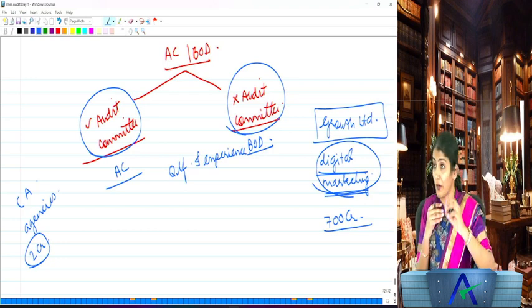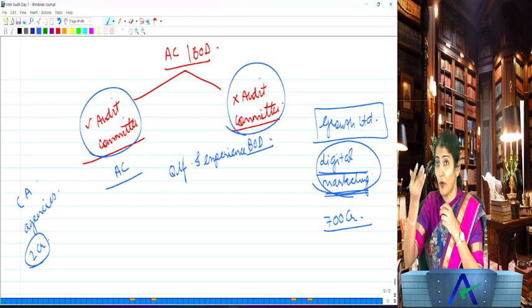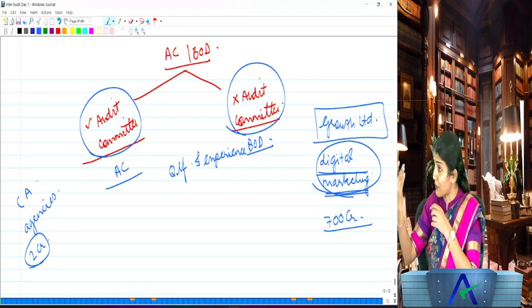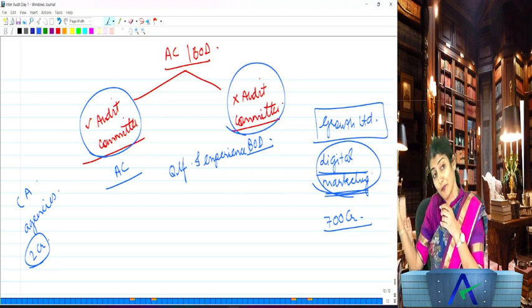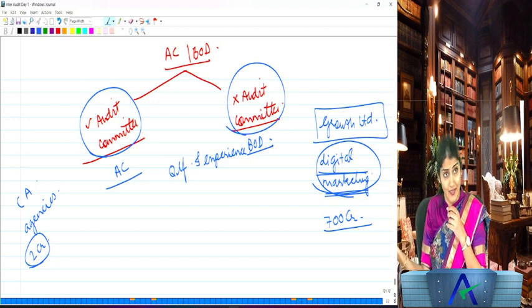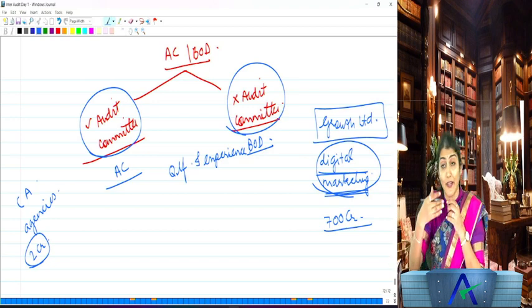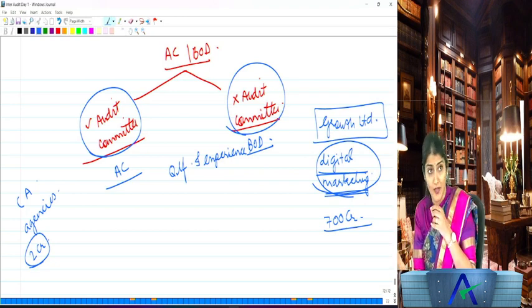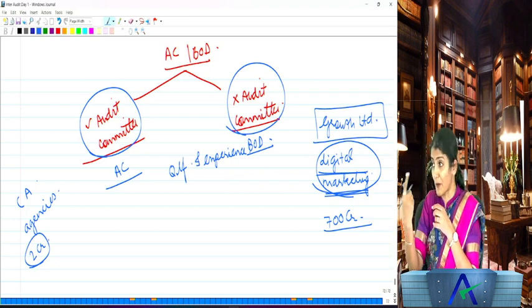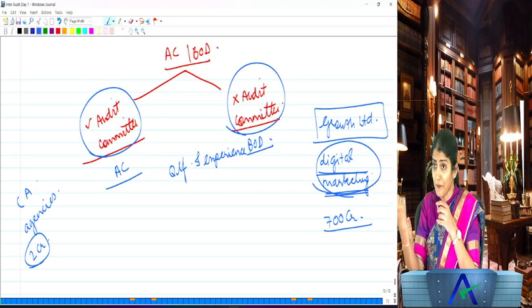If I am doing the audit of ICICI Bank, can I also do State Bank of India? Yes. Can I also do HDFC Bank? Yes. Can I also do Punjab National Bank? Yes. There is no restriction that if I am doing the audit of Infosys, I cannot do the audit of TCS. I can be doing the audit of Infosys also, and I can be doing the audit of TCS also. Are you understanding that? Okay.